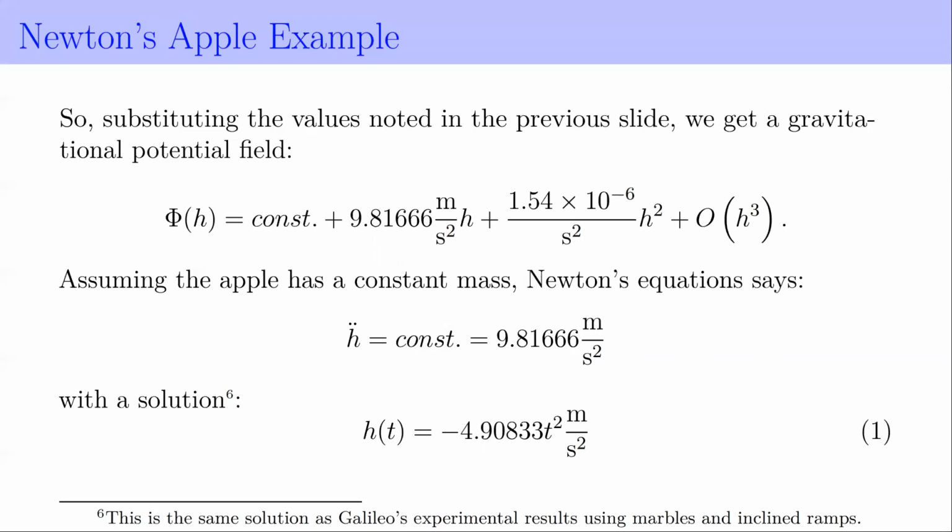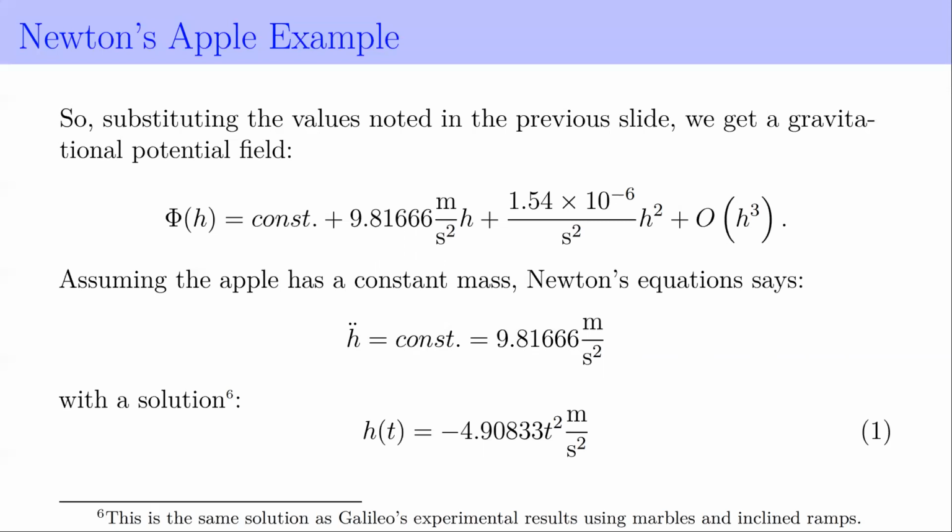So we can ignore that and use the assumption that Galileo did, namely that the gravitational field is a constant. So the acceleration, h double dot, is a constant, 9.82 meters per second squared.